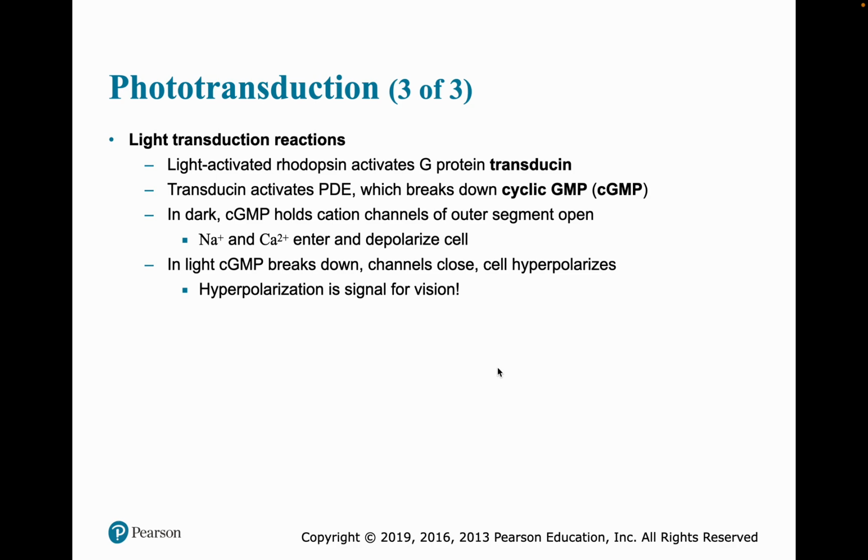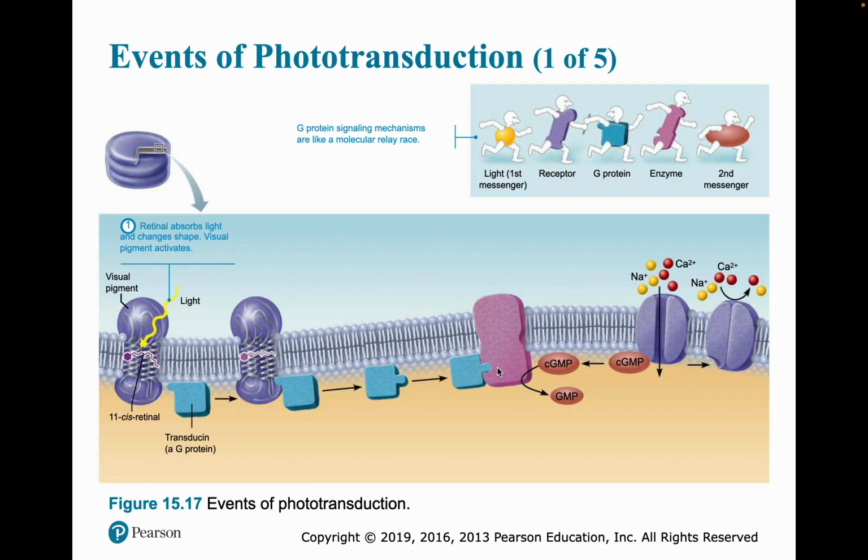Sodium and calcium enter and depolarize the cell. When the light causes cyclic GMP to break down, those channels close, the cell hyperpolarizes, and it's hyperpolarization that's going to be the signal for vision. So the cell is depolarized at rest and hyperpolarized for vision.